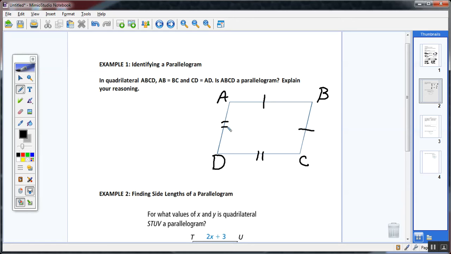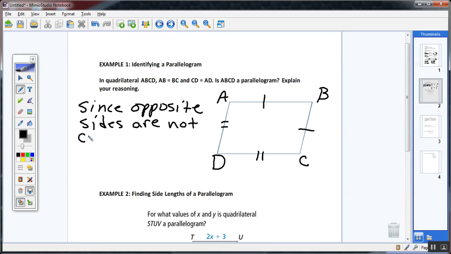So what I would say is this: since opposite sides are not congruent, then ABCD is not what?